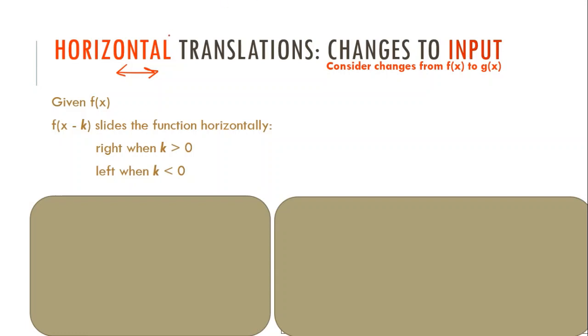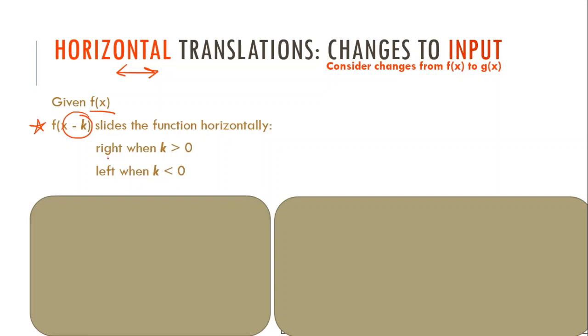If we're given some function f of x, it doesn't matter which function, and we change the function by changing the input, by subtracting k, this is going to slide the function horizontally.